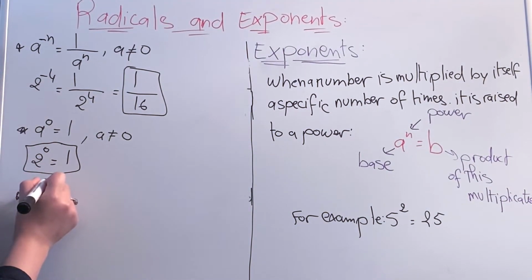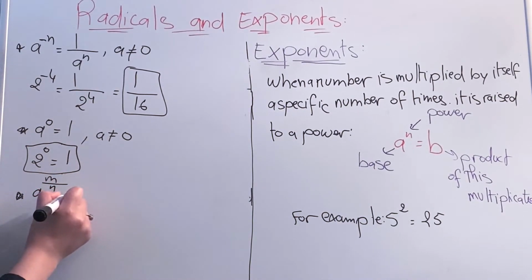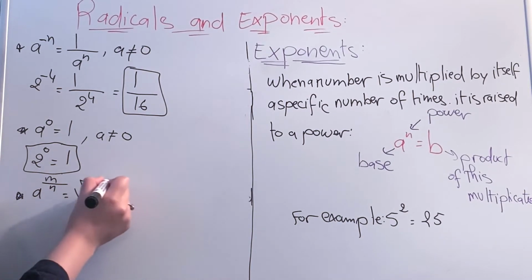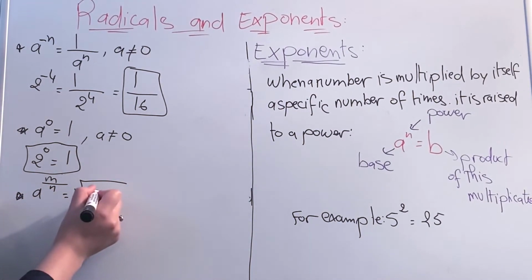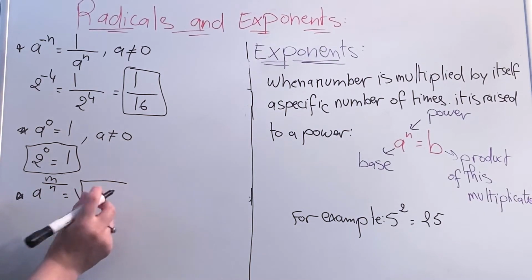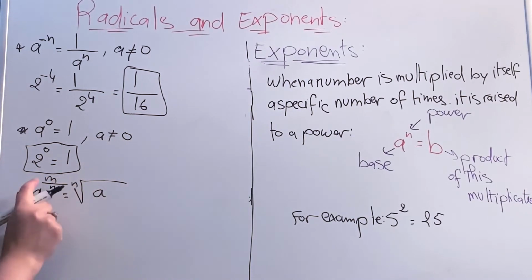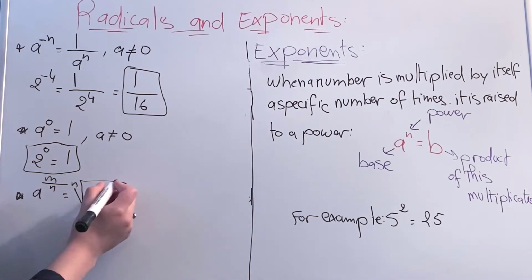A raised to the power m over n equals the radical sign, and we put the base inside. We put n as the index and m as the power of the base.